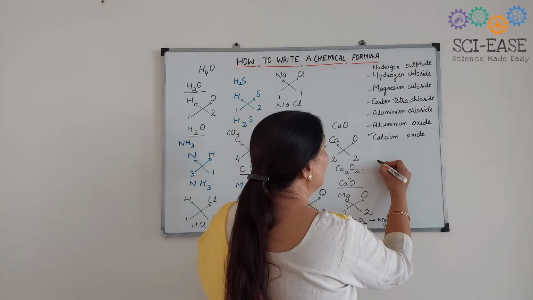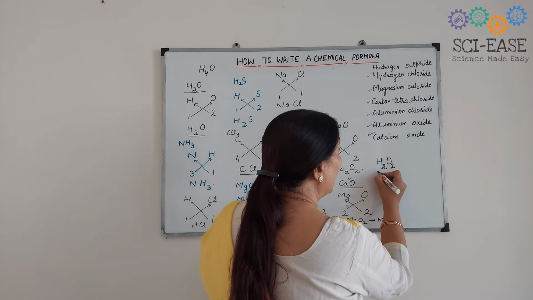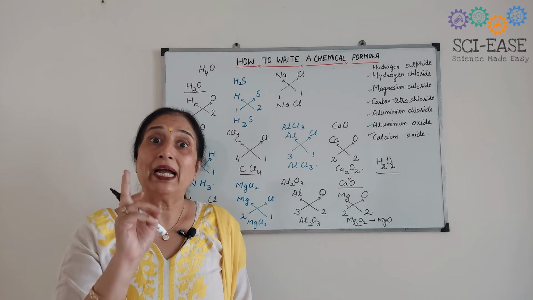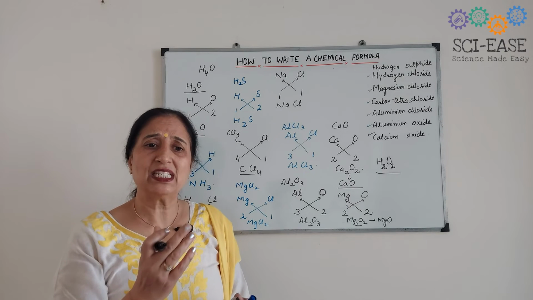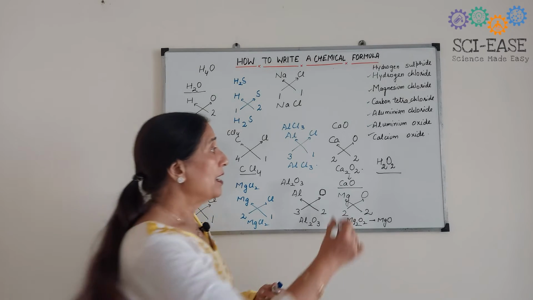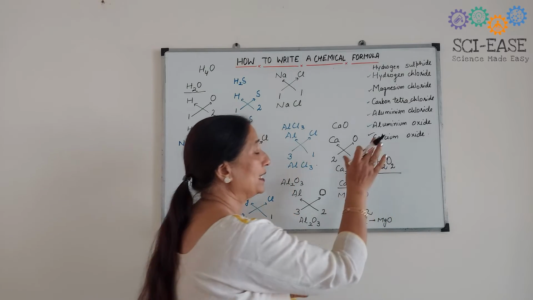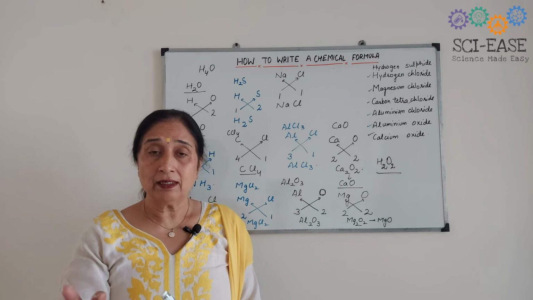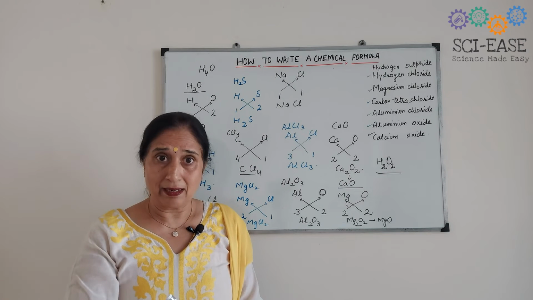Hydrogen peroxide has the formula H2O2. Here we are not to divide by 2. This is the exception. Whenever we study chemistry or any subject, there are some exceptions. The formula of hydrogen peroxide is H2O2. Now, I have taken covalent compounds and ionic compounds.